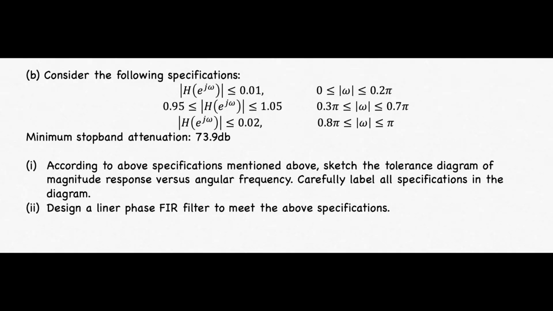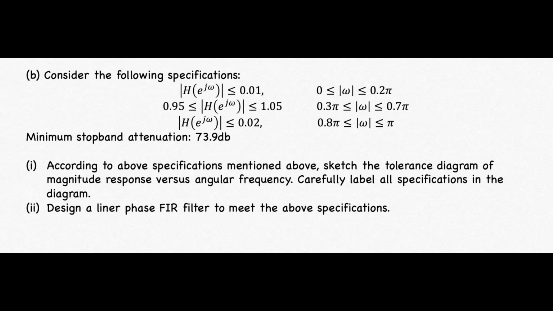Next, for part B, there are two sub-questions. Given the specification, if you read through the question, it is basically for a bandpass filter. If the question doesn't mention what type of filter you have to design, from the given specification you can actually predict it.